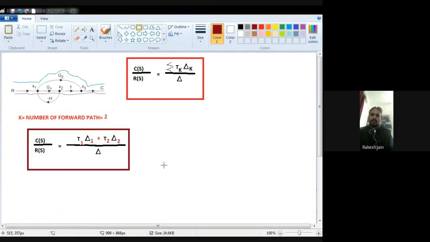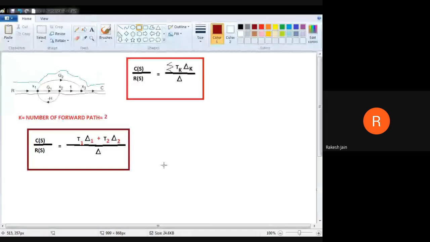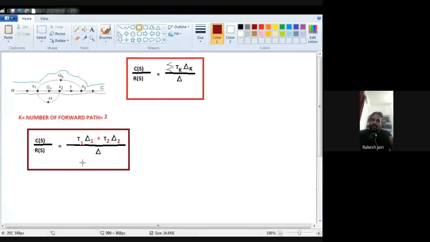When I find the T1 value, T2 value, del 1 value, del 2 value, and del value, I have already found that there are two forward paths. It means I only have to find the remaining things.